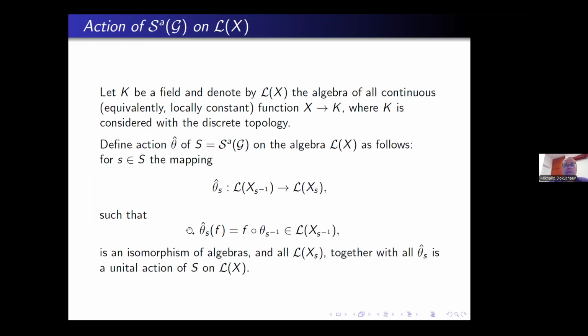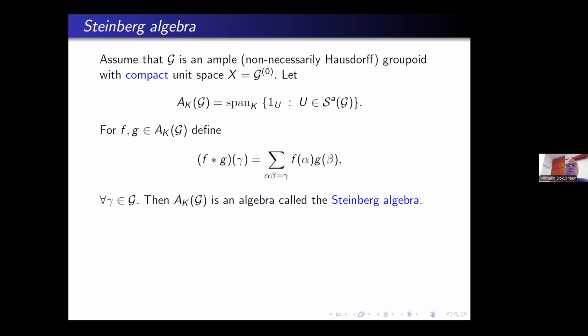And then theta hat S is an isomorphism of algebras, and the collection of all theta hat S is a unital action of S. I denote by S now this inverse monoid of compact open bisections, okay? So we are going to have a unital action of S on the locally constant functions. Another known fact, so let's recall what the Steinberg algebra is.